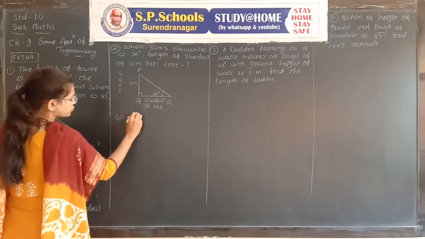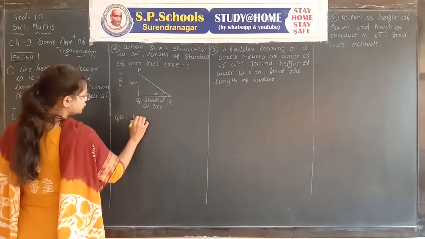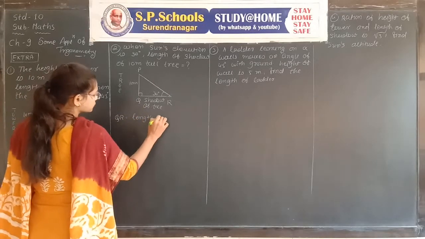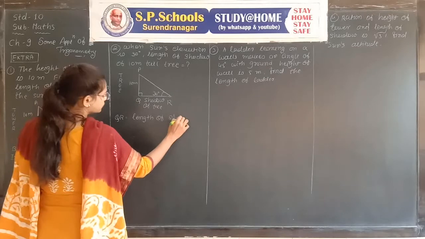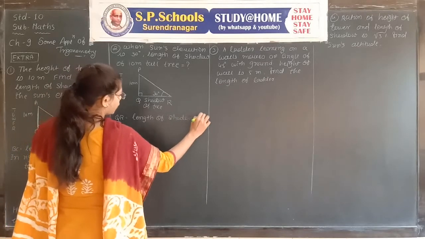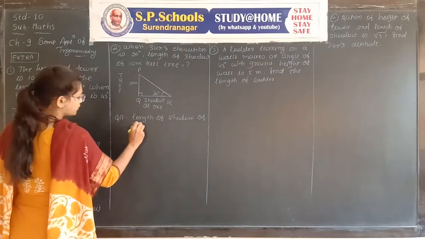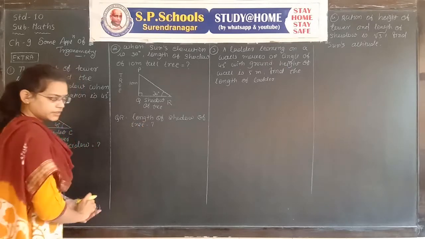QR is equal to the length of shadow of the tree, and we need to find it, so question mark.